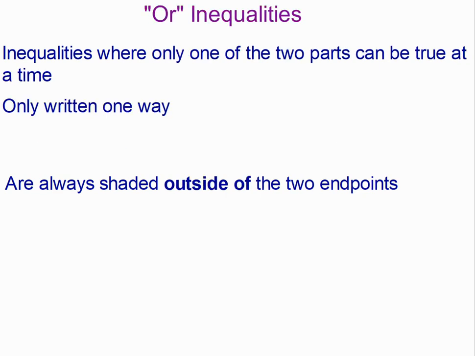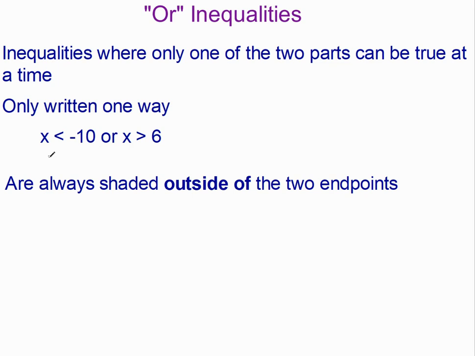Moving on to or inequalities. An or inequality is an inequality where only one of our two parts can be true at a time. There's only really one way to write that, with the word or in the middle. So here is x is less than -10 or x is greater than 6. It's impossible for me to think of a number that falls into both of these things.